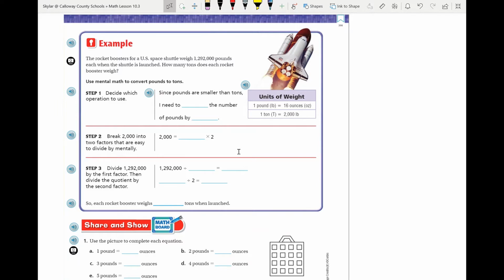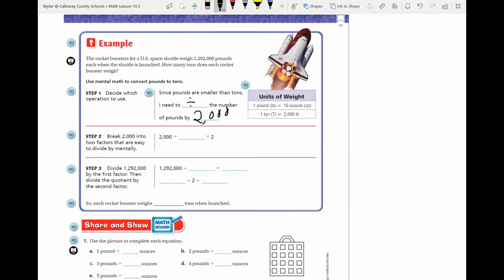So what we need to do is convert our pounds to tons. Since pounds are smaller than tons, we are going to divide. We're using a smaller unit to get to a bigger unit, and since there's 2,000 pounds in a ton, we're going to have to divide by 2,000.